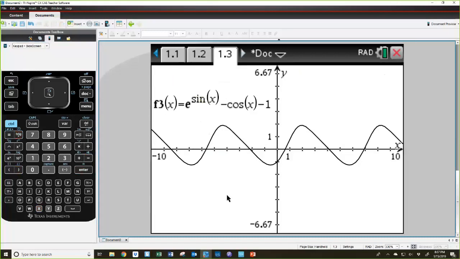I think on this particular one, we wanted to look on an interval from 0 to 9, but just to save time, let's not do that right now. But let's find this 0, for instance. If this happened to represent a derivative, this would be where the derivative is changing from positive to negative and would be the location of a relative max. So we would go to Menu.